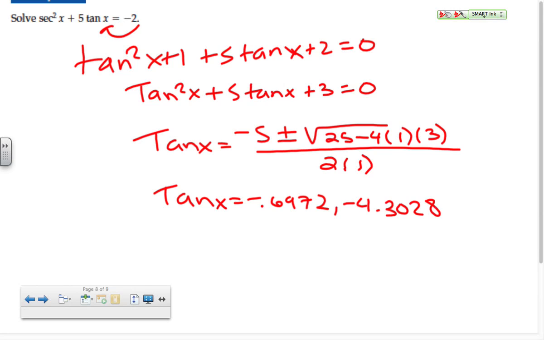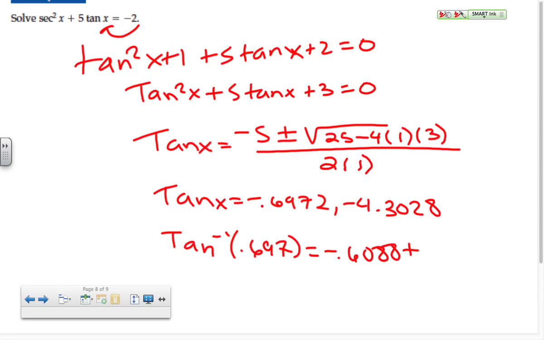I have to find the inverse of both of these. Now, remember, the nice thing with tangent is there's only one solution for each. So I will have 2 solutions because I have 2 solutions starting from the problem itself, but I won't have to find more than one solution for each one. So I take the inverse of negative 0.6972, and I end up with negative 0.6088.